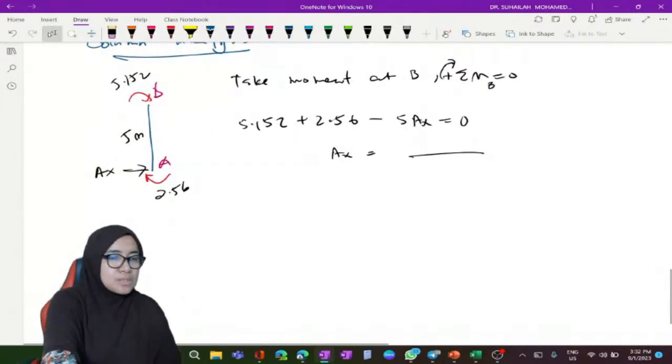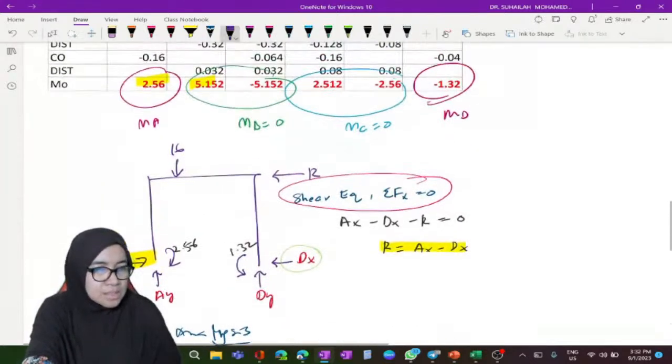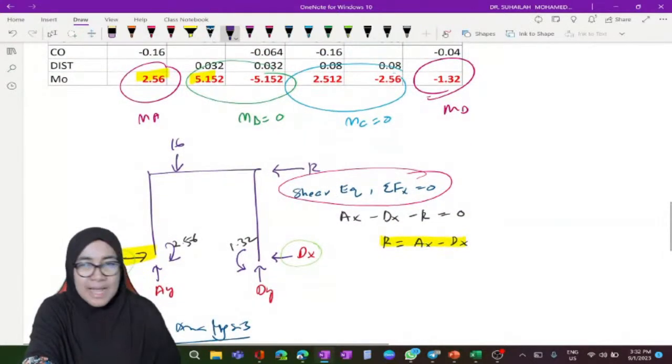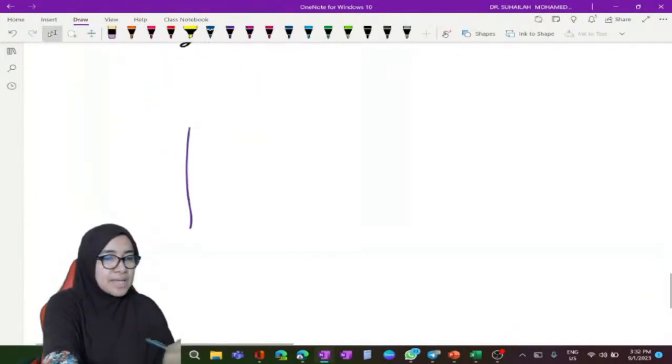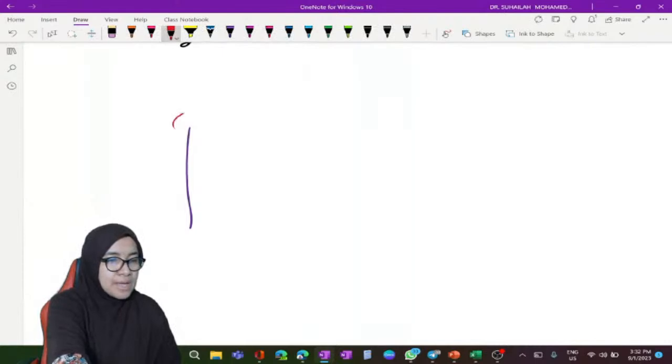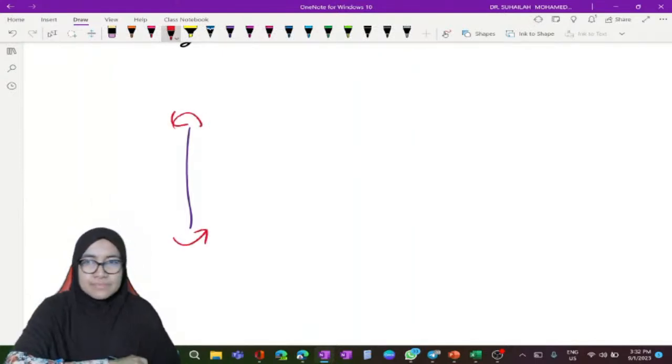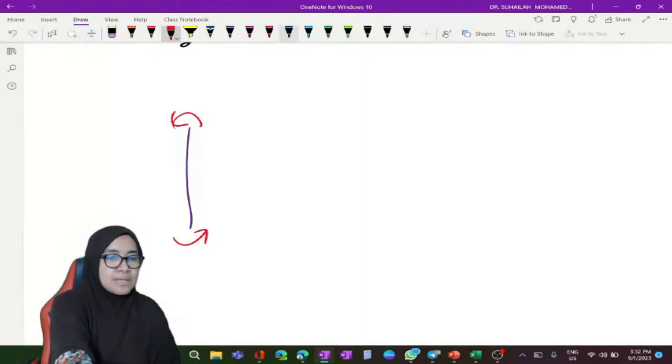So we have, look at the moment, it is negative, negative. And the DX is in this direction. So this is DX. Again, this is also 5 meter.